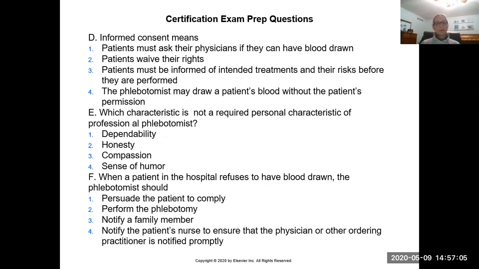Which characteristic is not a required personal characteristic of a professional phlebotomist? What do you think is not necessary? It's not necessary to have a sense of humor. It might be a great quality to have, but it's not a required personal characteristic.